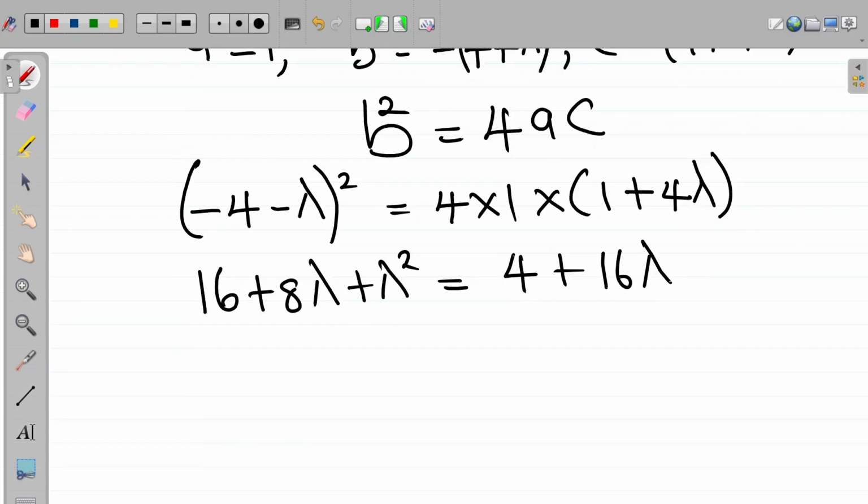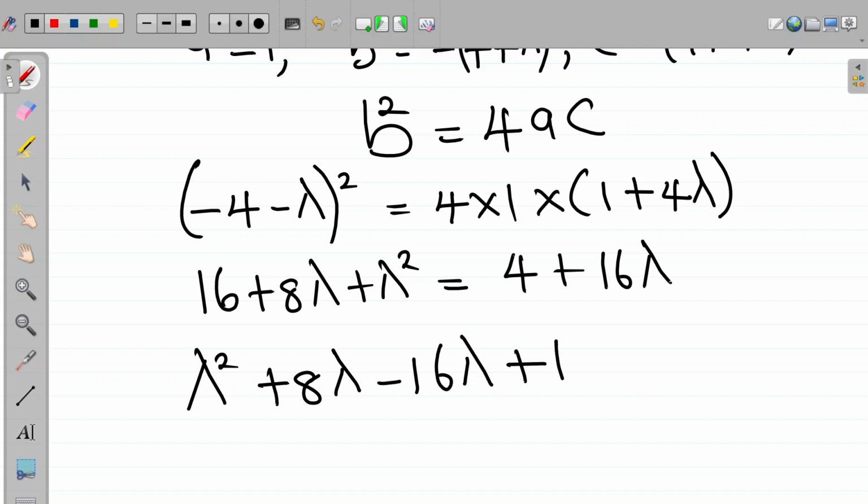Now at this point, we can group our terms and collect like terms. So we move all the values in the right hand side to the left hand side. So the equation becomes lambda squared plus 8 lambda minus 16 lambda plus 16 minus 4 equal to 0.